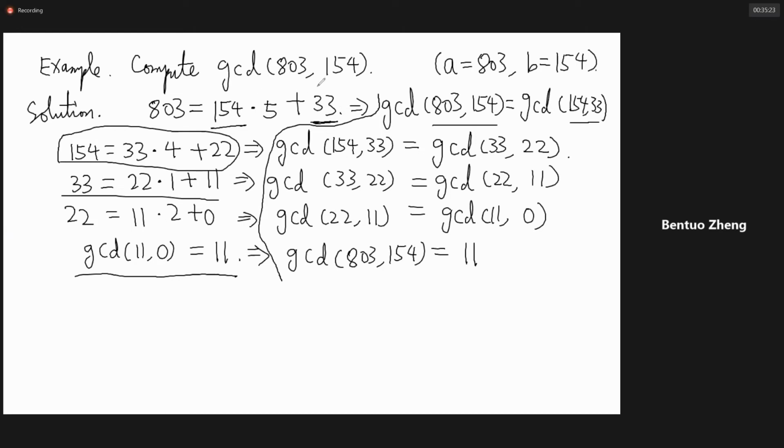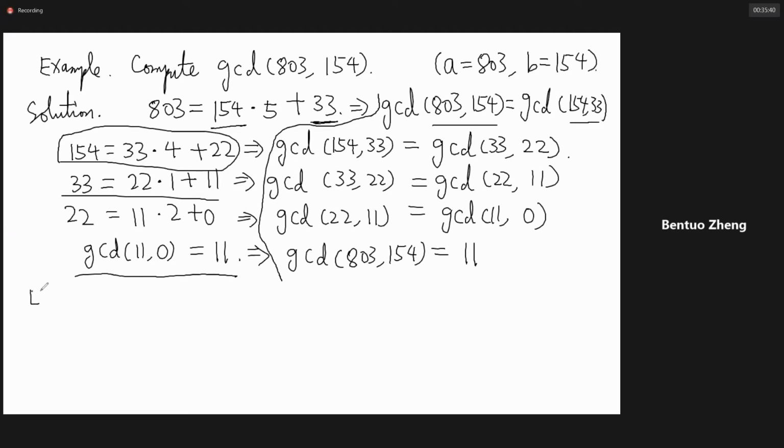So let's try to write the greatest common divisor of 803 and 154 as a linear combination of 803 and 154. So in other words, what we want is this one.